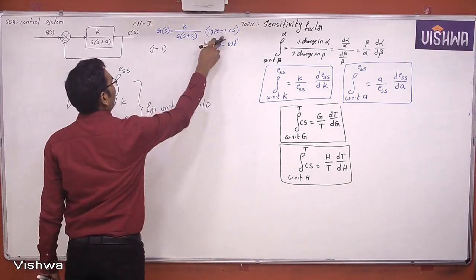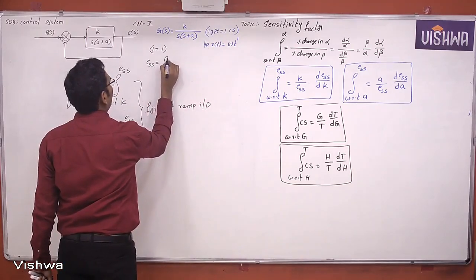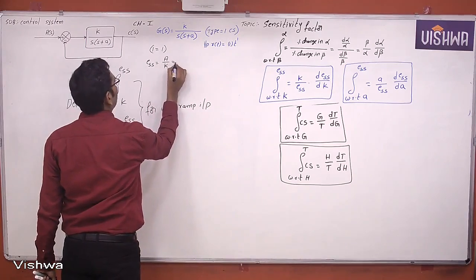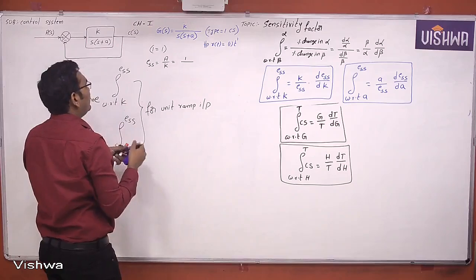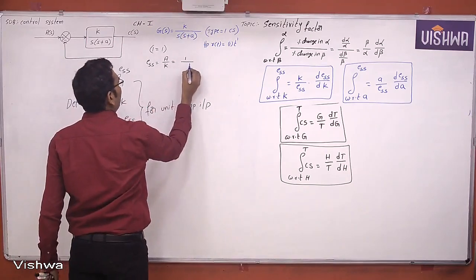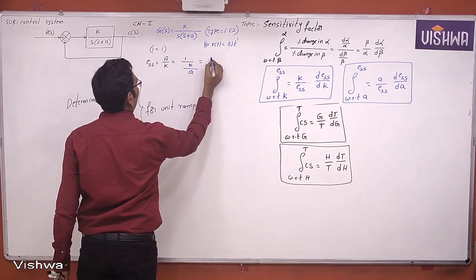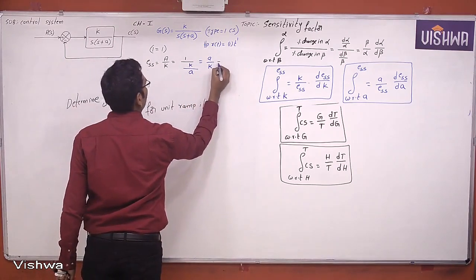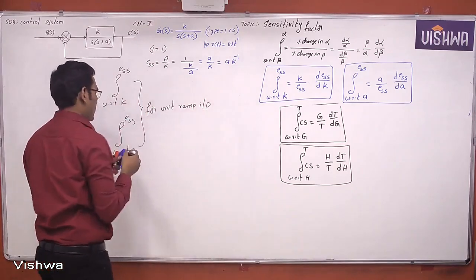Therefore, when type and power are the same, the steady state error is A by K. A means the unit ramp, so 1 divided by K. While finding K, it is numerator constants by denominator constants, which is a. Therefore, A by K equals a into K power minus 1. This is the steady state error.